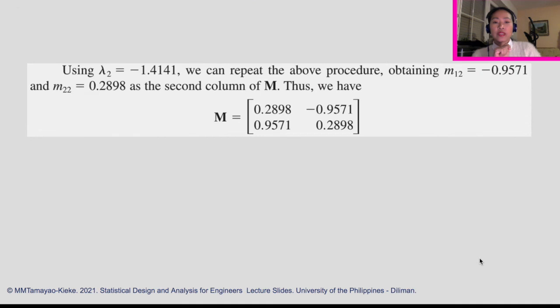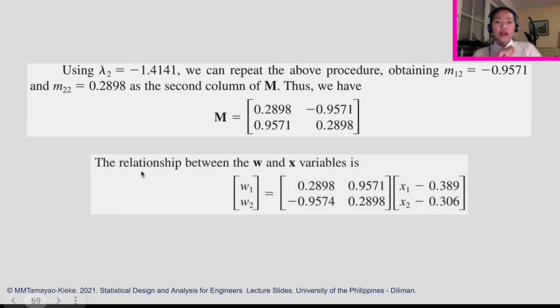We do the same thing for lambda 2 equals negative 1.4141, and we would obtain M12 equal to negative 0.9571 and M22 equals 0.2898. That would be the second column of the M matrix.